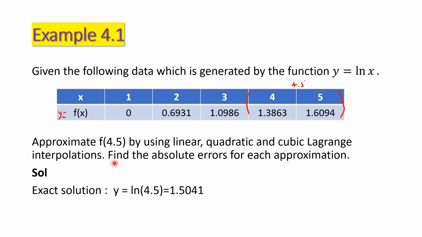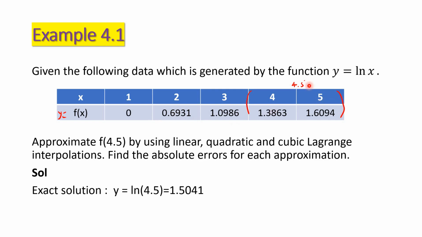Then using linear, 4.5 is contained between 4 and 5. So make sure you take the last two data points. Don't take 3 and 4, because 4.5 is outside. Also cannot take 2, 3, or 1, 2.